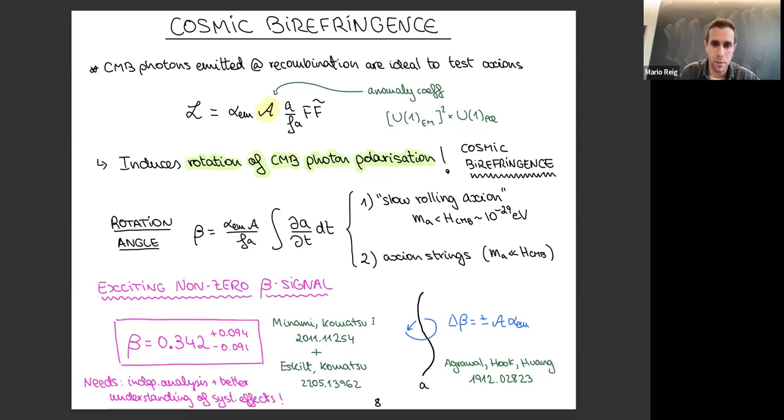There is a group led by Komatsu that has reanalyzed Planck data, and they find a non-zero value for beta. Of course, this requires further scrutiny of the signal, better understanding of systematic effects and all that. But if confirmed, it will have huge implications for the UV, because precisely these kinds of axions, very light axions coupled to photons inducing cosmic birefringence, are the ones that have a lot of information about the UV, the information that I want to tell you about in this talk.